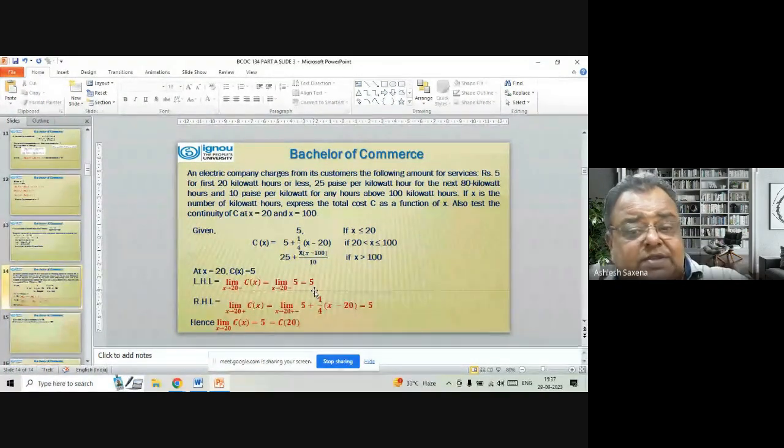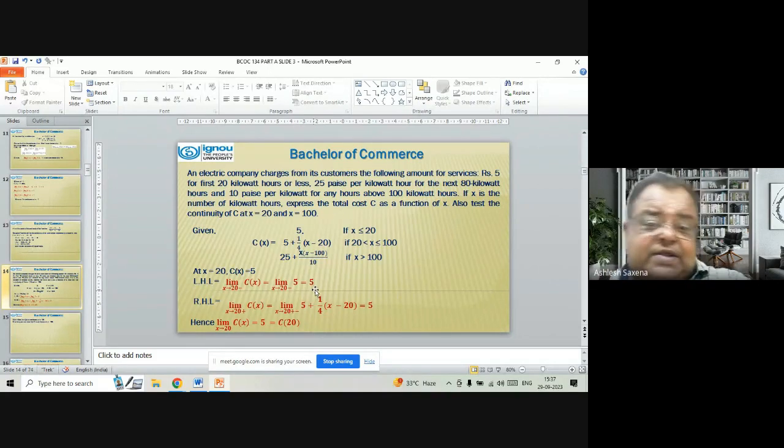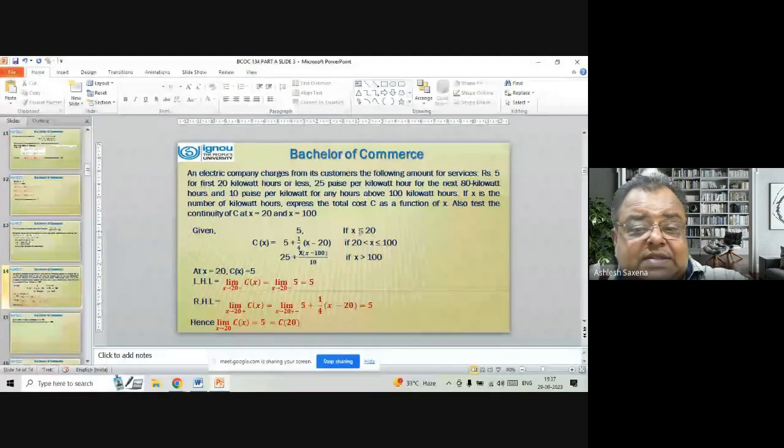The first one is rupees 5 for the first 20 kilowatt hours or less. You can see 5 for x less than or equal to 20. First condition is satisfied.